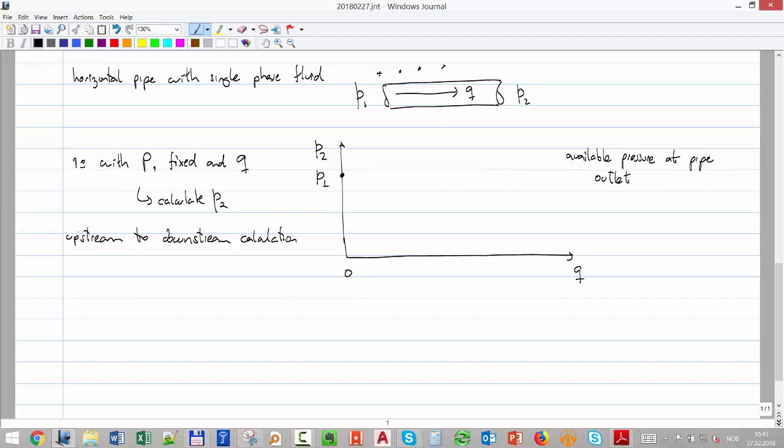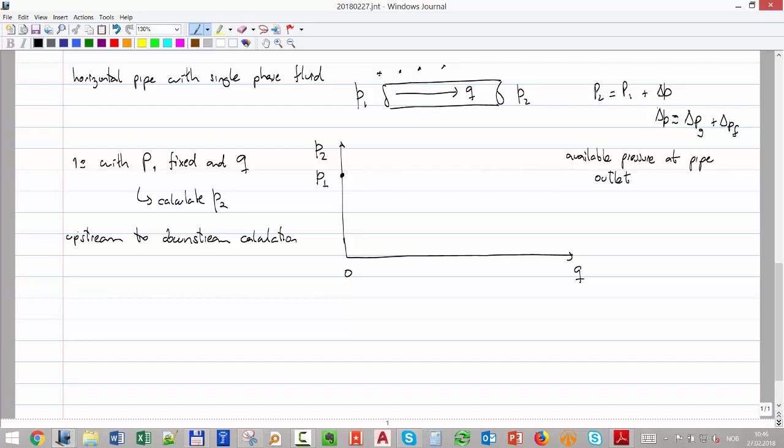And if I start increasing the rate, what am I going to get? How should the curve look like? Is it going down? Okay, because pressure 2 will be equal to pressure 1 plus delta P, right? And when you start having flow here, remember delta P has two components: the gravitational component and the friction component.